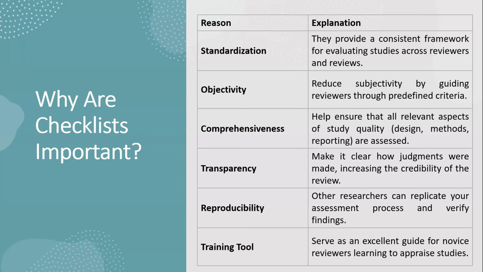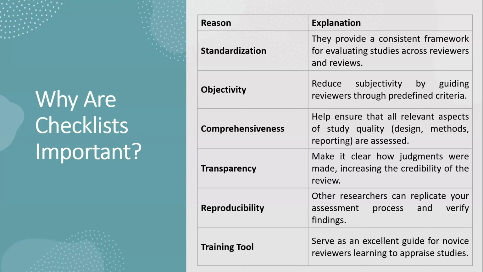But sometimes one reviewer will say the study quality is good and the other reviewer will say the study quality is moderate or low. That time there is a bias in the judgment. So to have a clear decision, this checklist is mainly helpful so that you can go back and see in what areas there was dissimilarity between the reviewers. Then reproducibility, that is, other researchers can replicate your assessment process and verify findings.